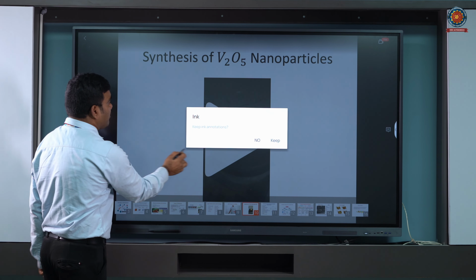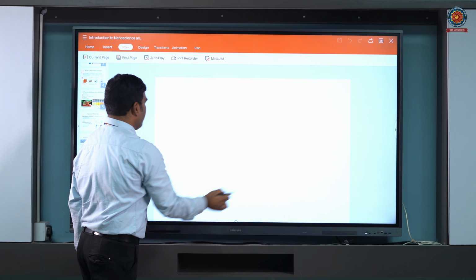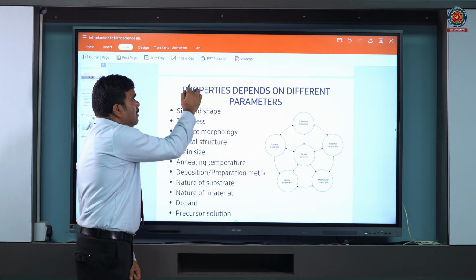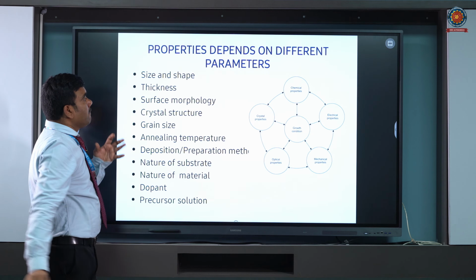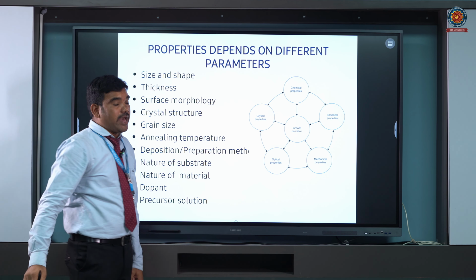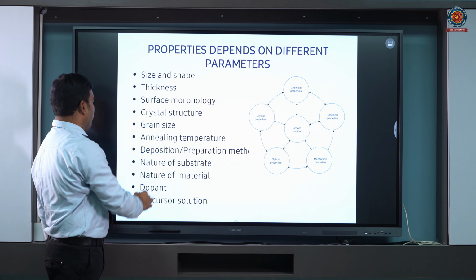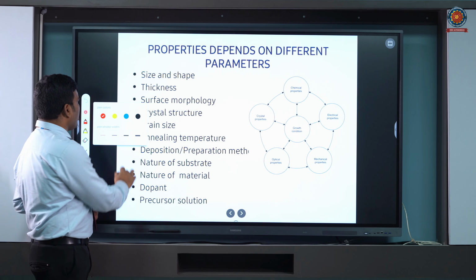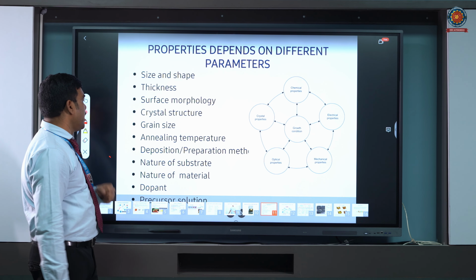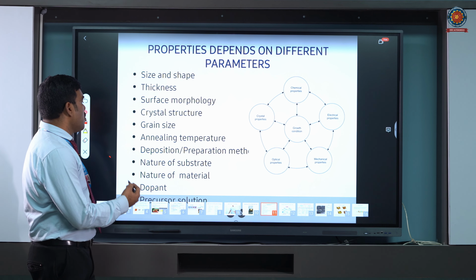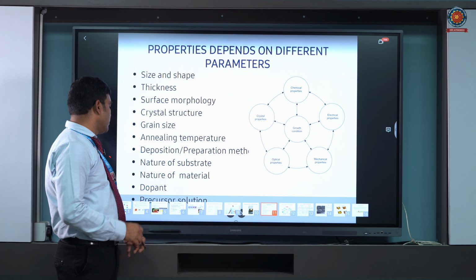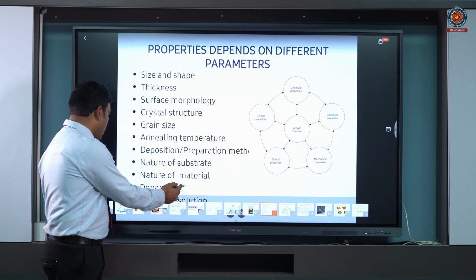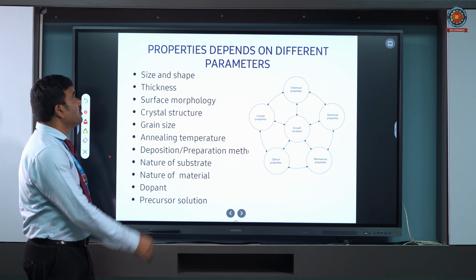See, what are the different preparation conditions? Here, properties depend on different parameters like size and shape, thickness, surface morphology, crystal structure, grain size, annealing temperature, deposition and preparation methods, nature of substrate, nature of material, dopant, and precursor solutions.